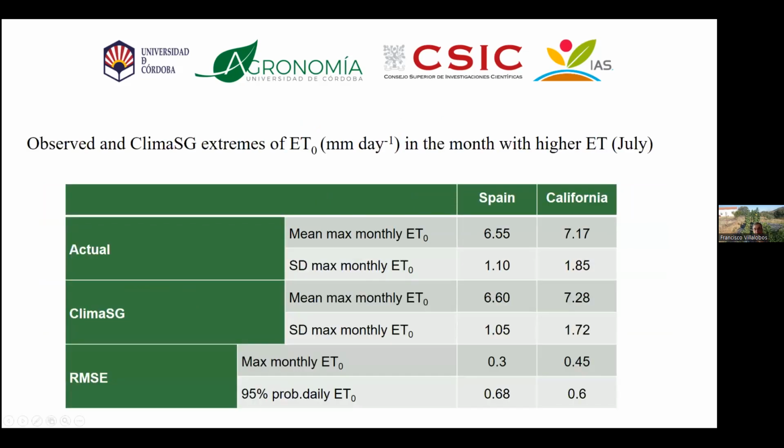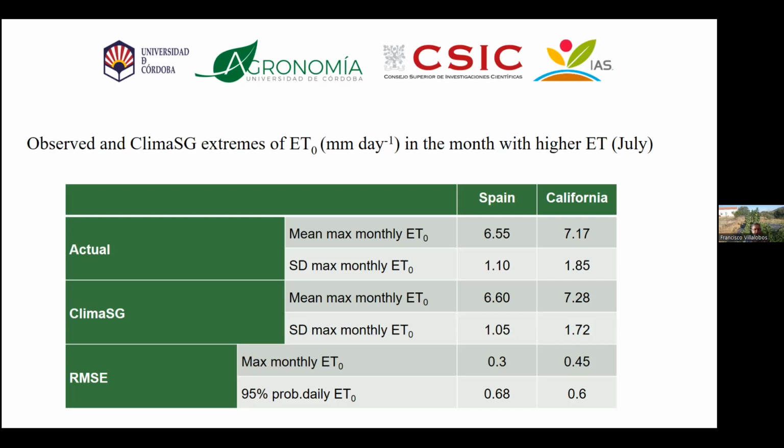So we feel that the objective was perfectly accomplished in correcting the variance of monthly rainfall and therefore seasonal rainfall. In the case of ETO, the success of ClimaSG was also quite remarkable.